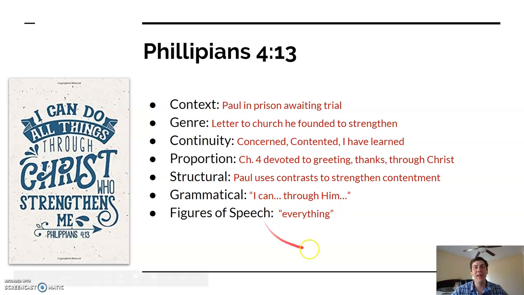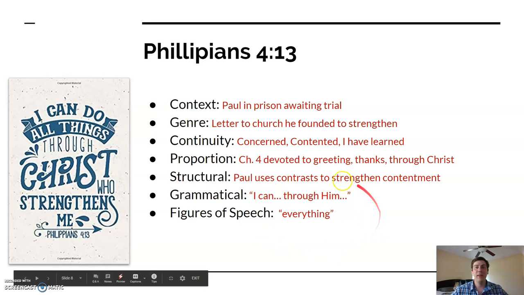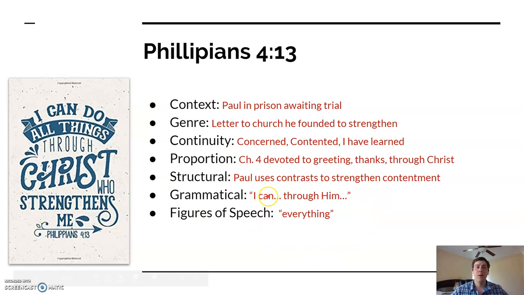I don't think he meant that you can jump off rooftops and be A-okay, or get bit by a snake and be hunky-dory. I think what he means by this is that whatever comes to him from the outside world, whatever comes to him through the exterior, he is able to handle them through Christ.